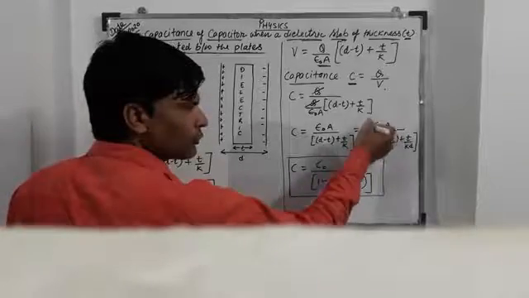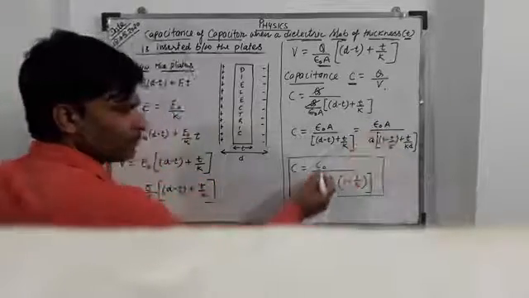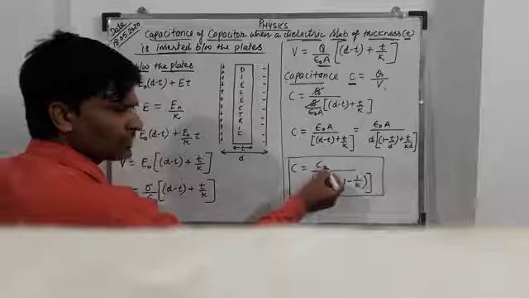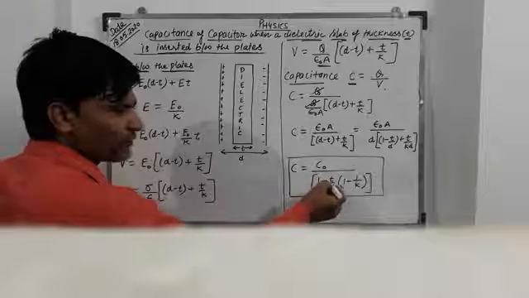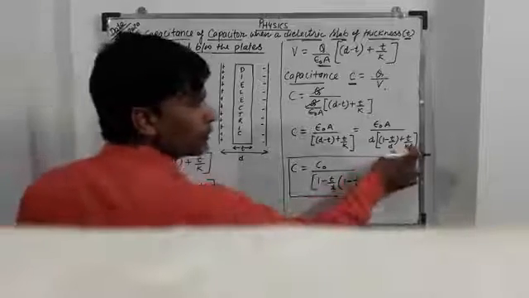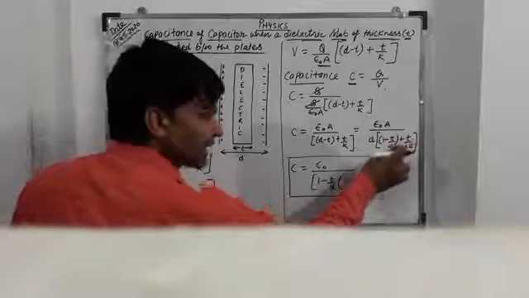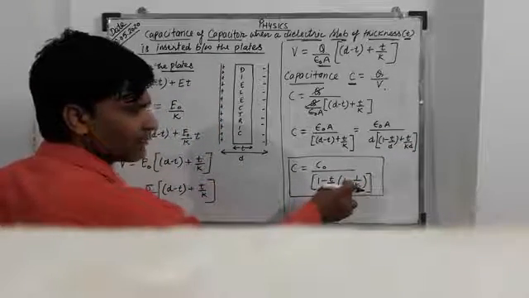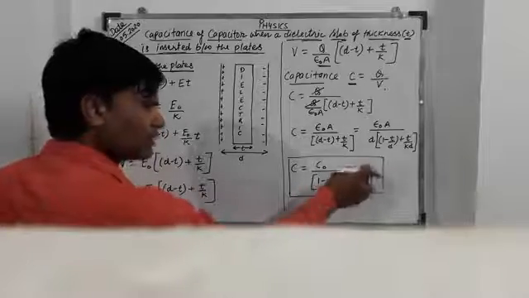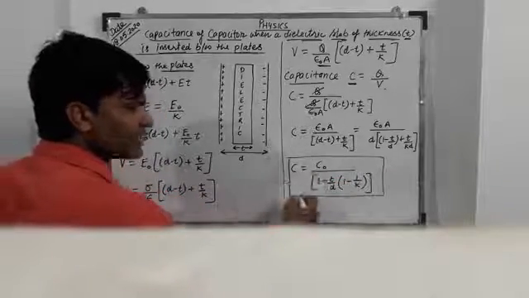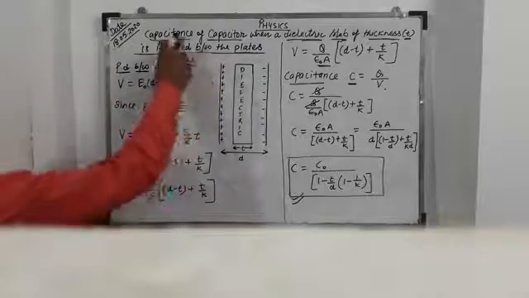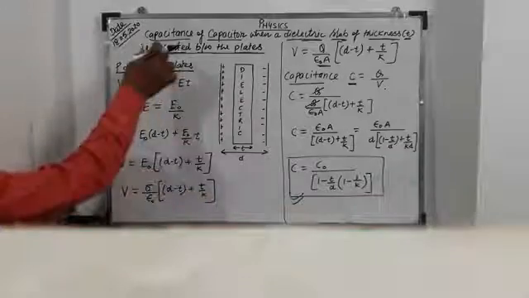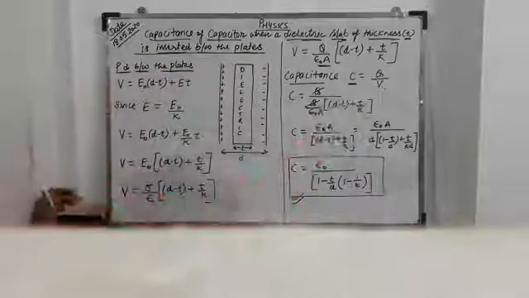But epsilon naught A upon d is C naught. So C is equal to C naught upon 1 minus t upon d, and from these we have t upon d common, so 1 minus t upon d into 1 minus 1 upon k. This is the required expression for the capacitance of the capacitor when a dielectric slab of thickness t is inserted between the plates.